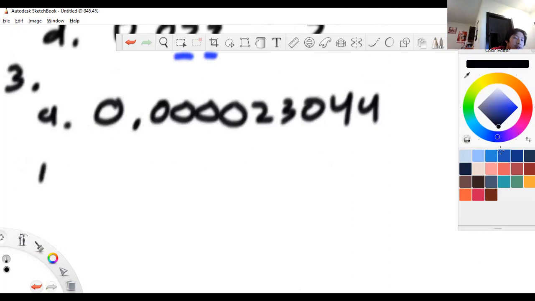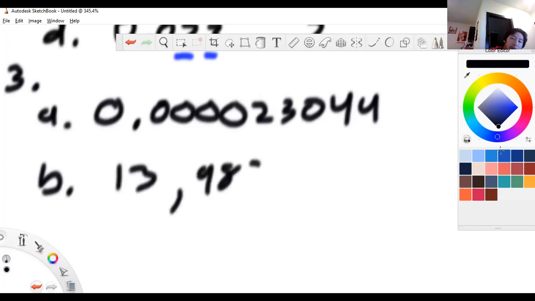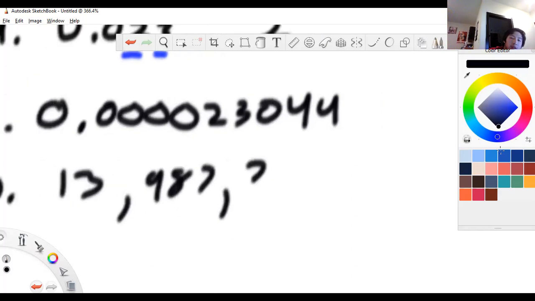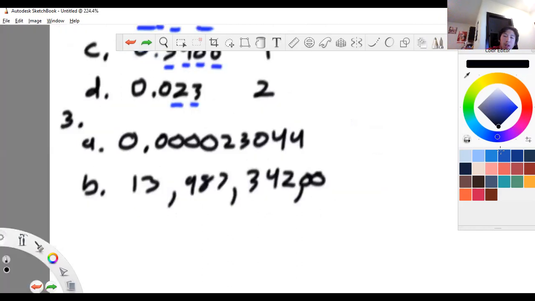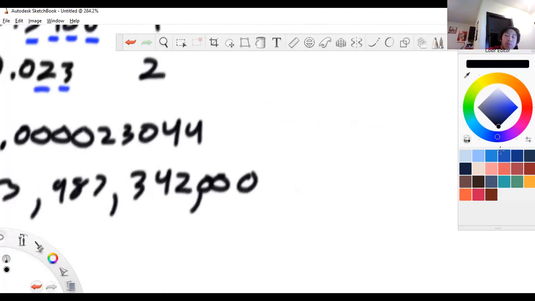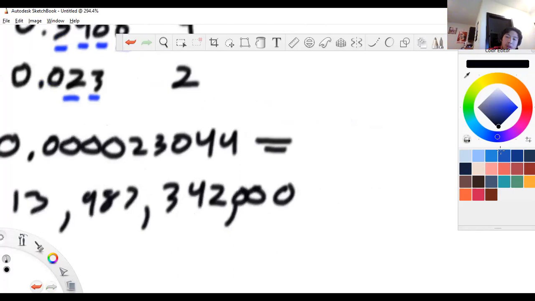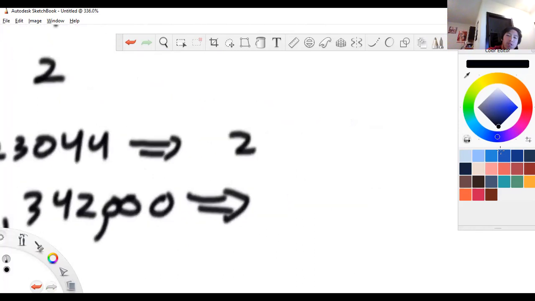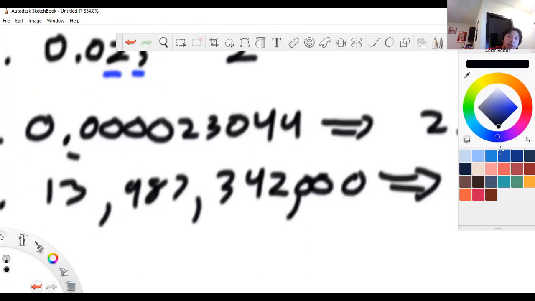So this will become 2.344. We do the wonderful little squiggly line from the decimal point.